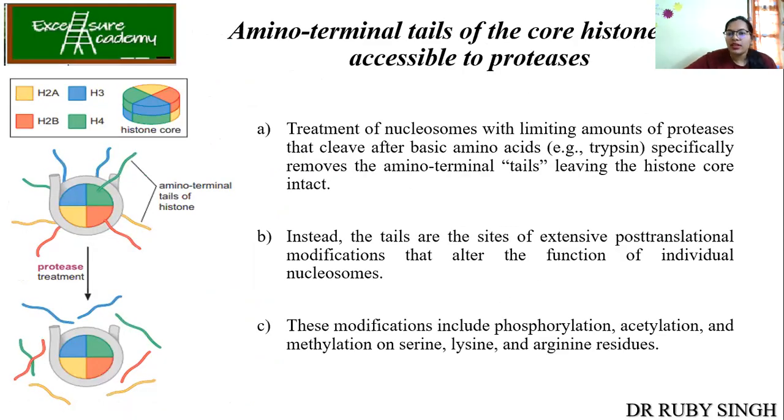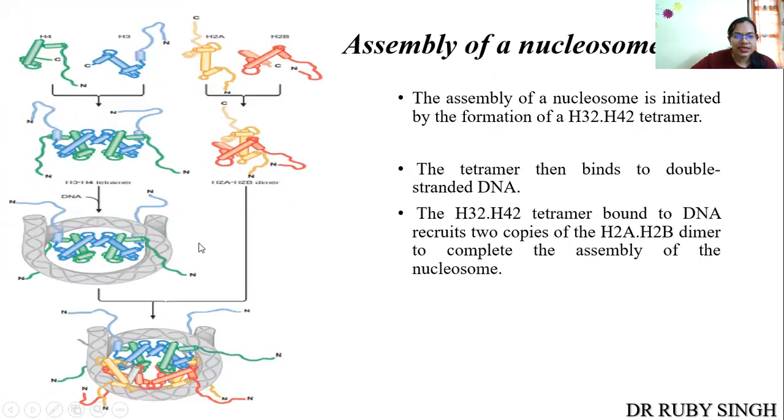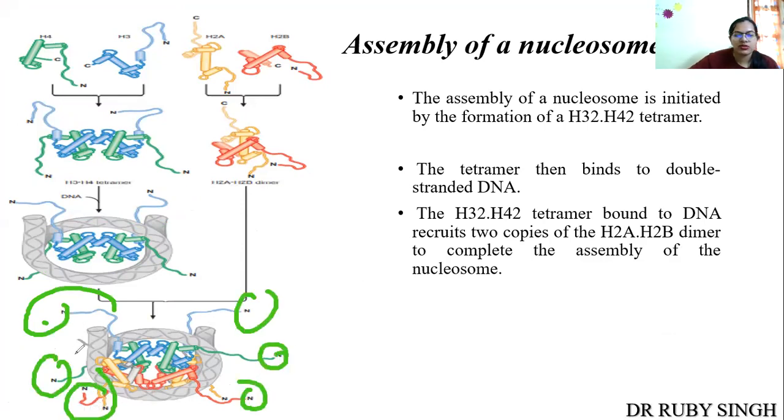Now, amino terminals of the histone proteins are accessible to the proteases. Now, if you see over here, in the previous slide also, we were talking about the N terminals, C terminals. Now, once the nucleosomes are wrapped with the DNA, let me just mark it for you. You can see that all the N terminals of the histone proteins are exposed, right?